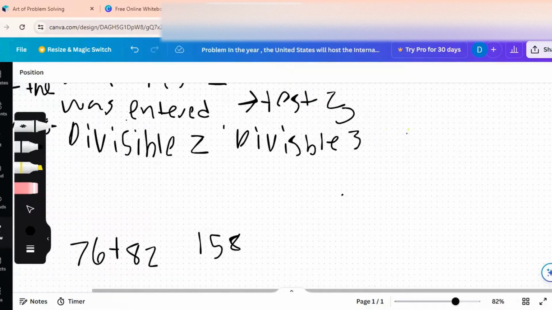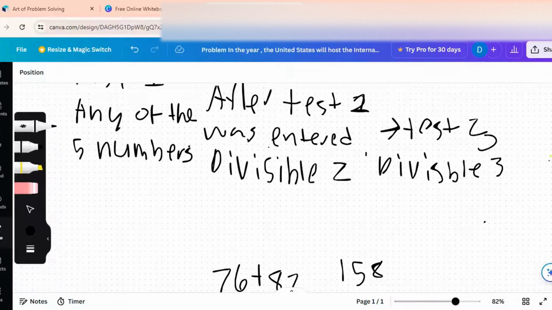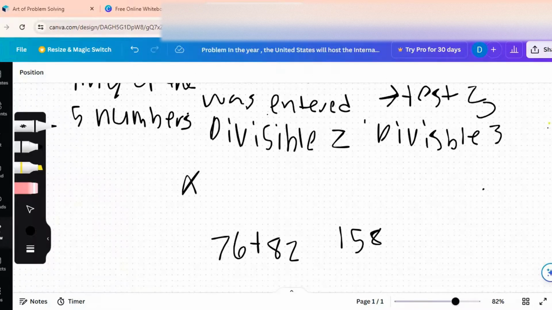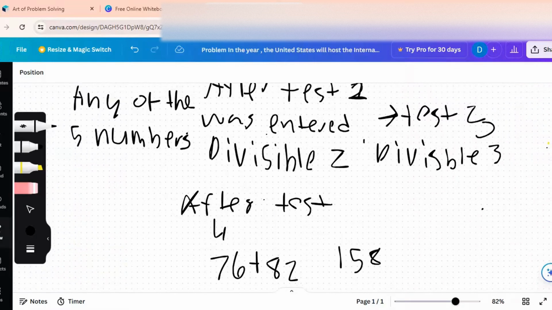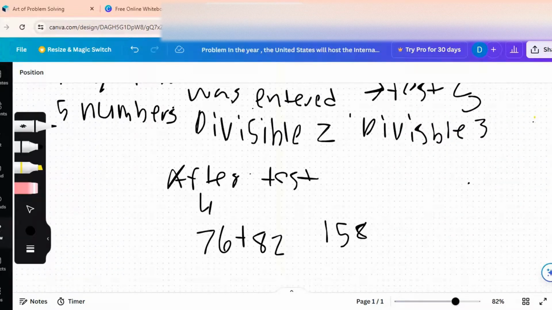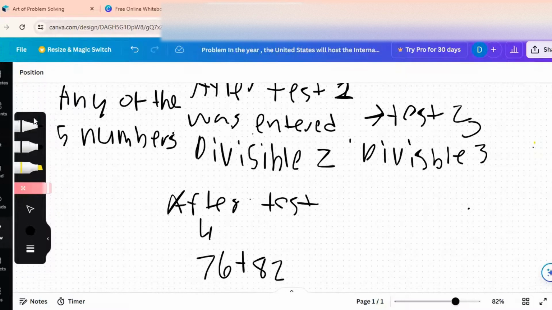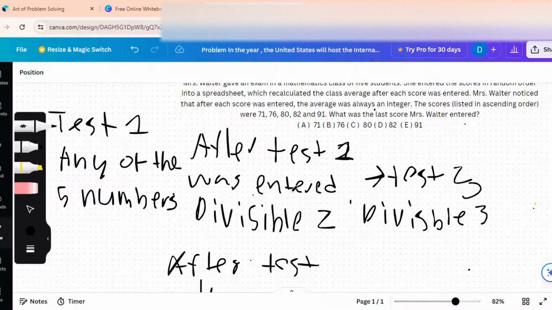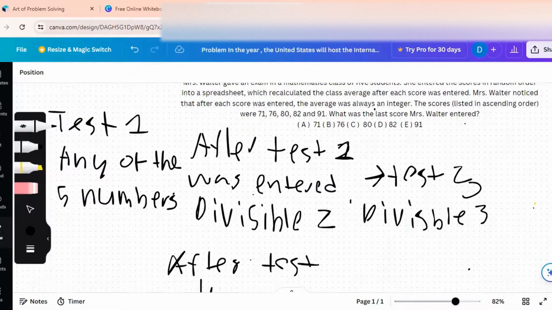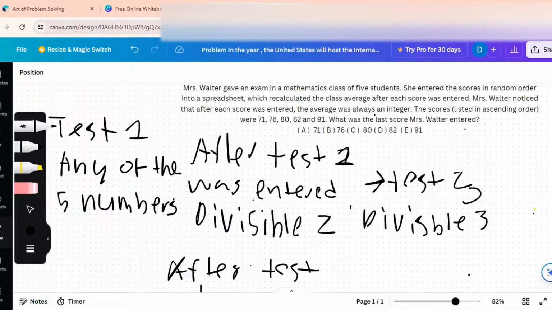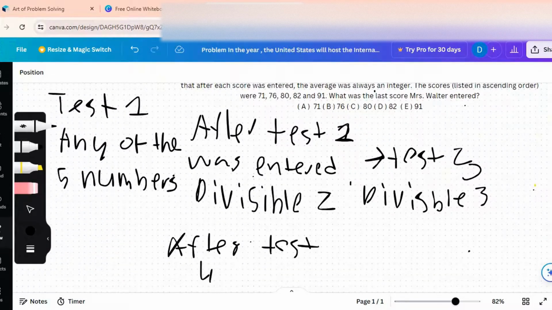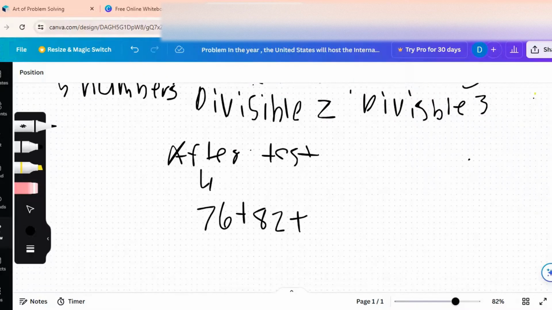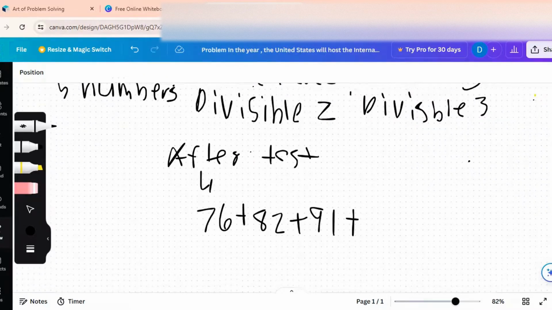And after that, it makes our job much simpler, because we have after test 4. So after test 4, we have our 3 numbers. We have our 76 plus 82, and then we also have, I think the next one is 91, because that is divisible by 3.